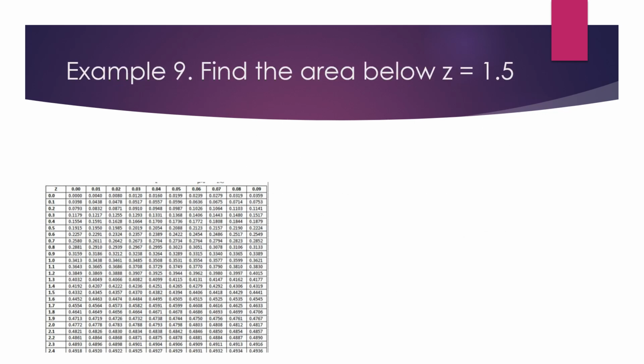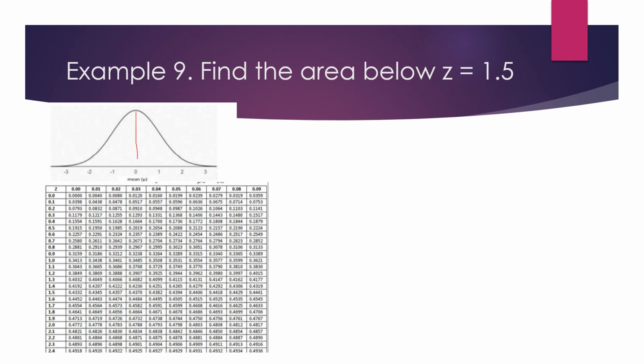Find the area below z equals 1.5. Let us sketch first. If this is the mean and 1.5 is here, when we say below z equals 1.5, that means the shaded region is at the left side.